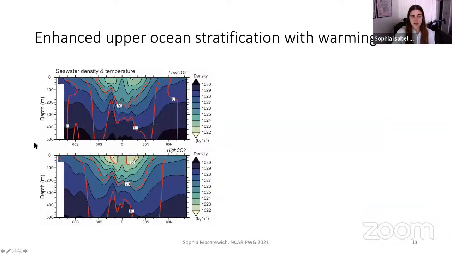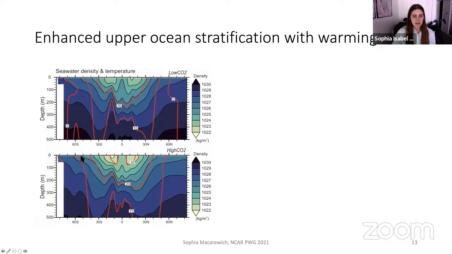The first mechanism that we found to be plausible was that enhanced upper ocean stratification with warming would have led to decreased oxygenation of the surface ocean. Here is a zonal mean plot of density and temperature in the upper 500 meters of the Panthalassic Ocean.